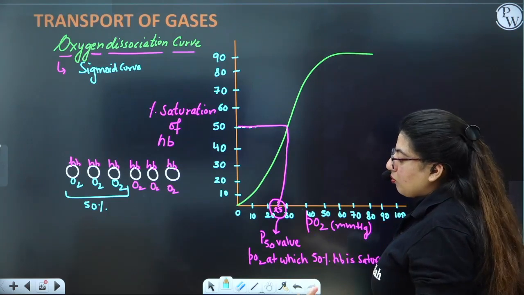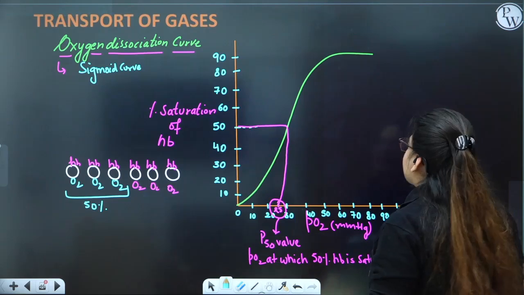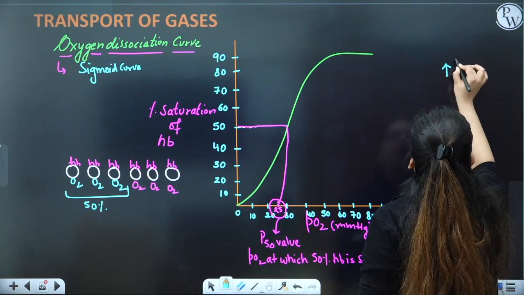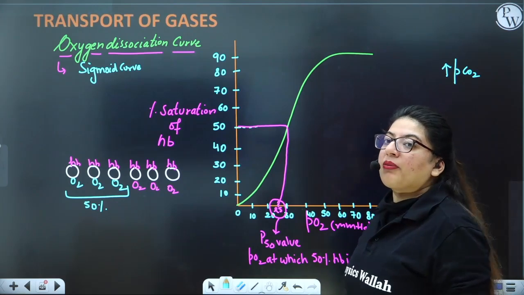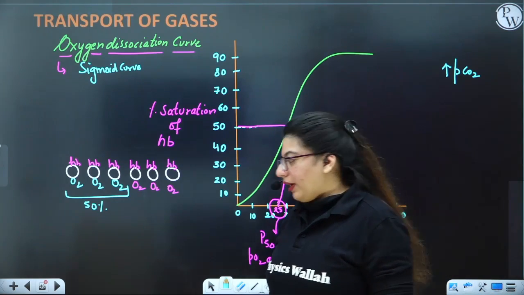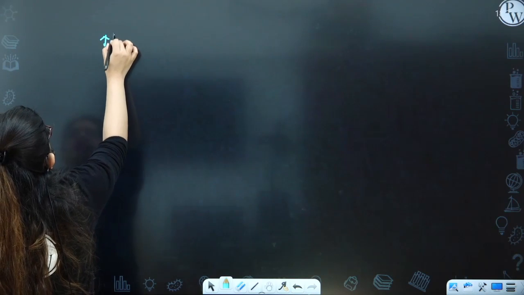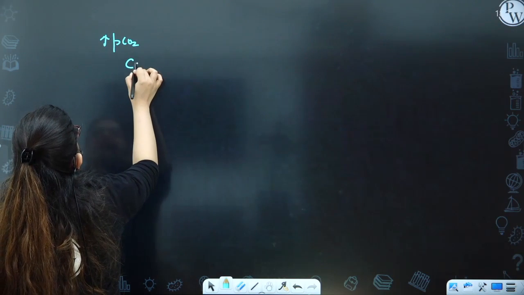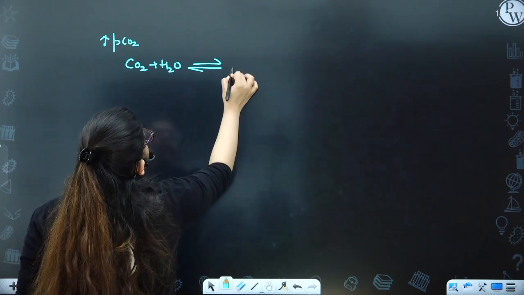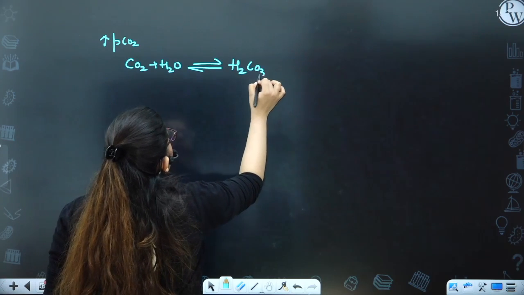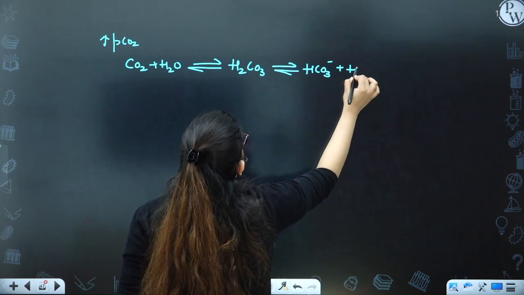Otherwise, I will give you another example by which it will become pretty clear. Say I have more partial pressure of carbon dioxide in my body. Now what will happen? CO2 will combine with water, water will then form carbonic acid, and the acid will form bicarbonate ion and H positive ion.